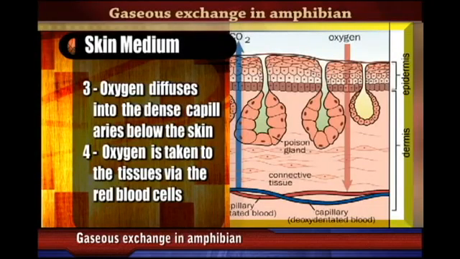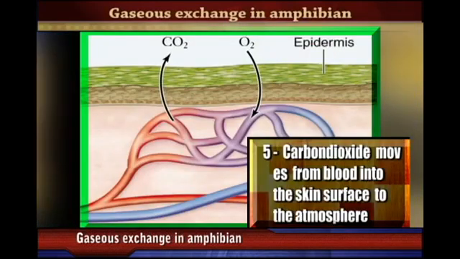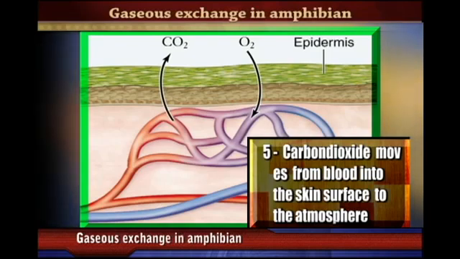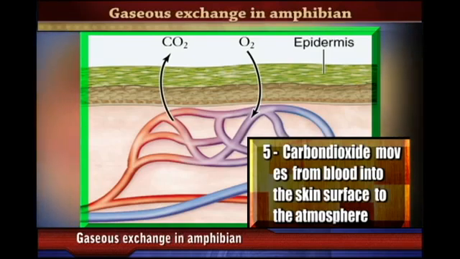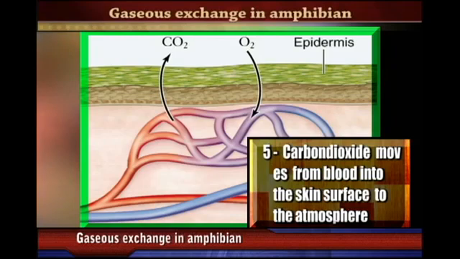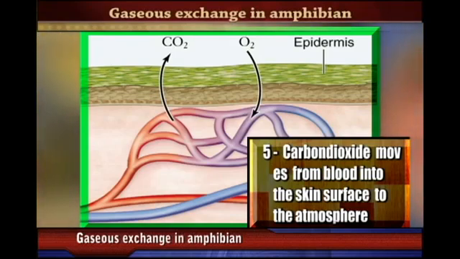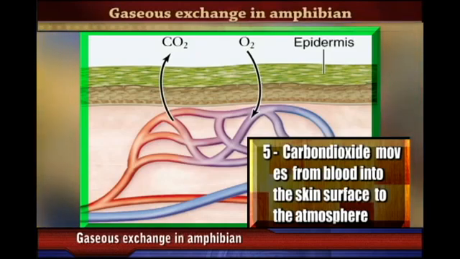Oxygen is transported in blood to the tissues, and then also carbon dioxide is removed from the blood to the skin surface and released into the atmosphere. That is respiration or gaseous exchange in the skin of the amphibians.